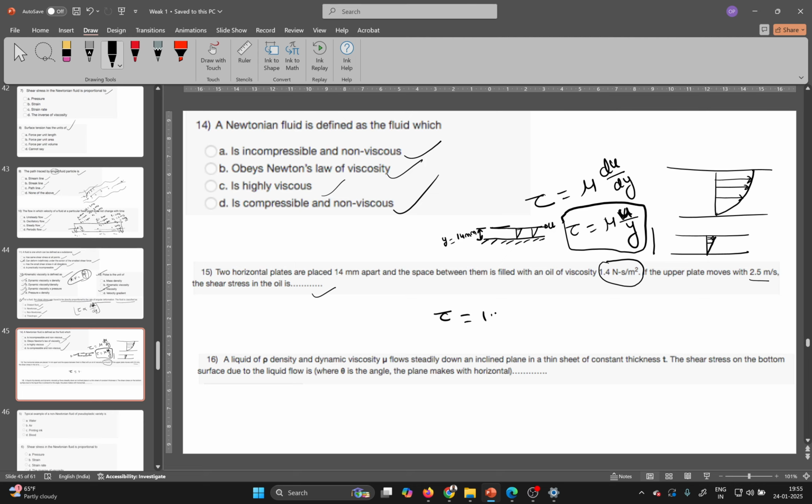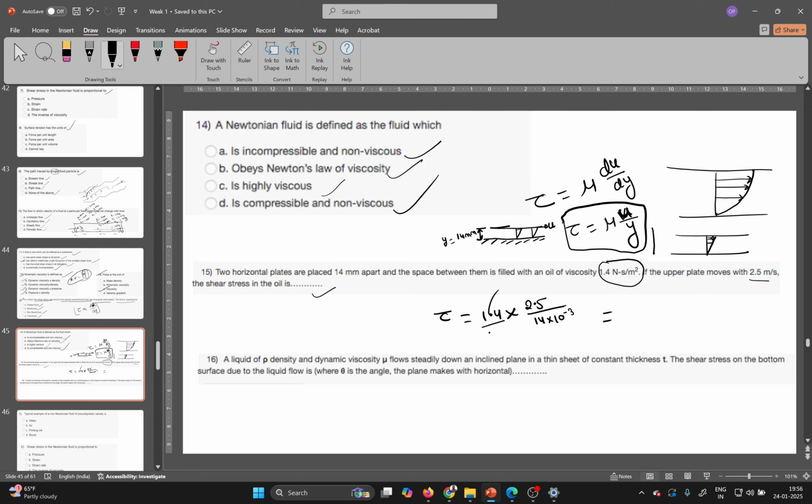Dynamic viscosity is given as 1.4 Newton second. Everything is SI unit. Velocity is given as 2.5 meter per second and 14 mm, so you need to write 10 to the power -3 for meter. So now you can calculate.